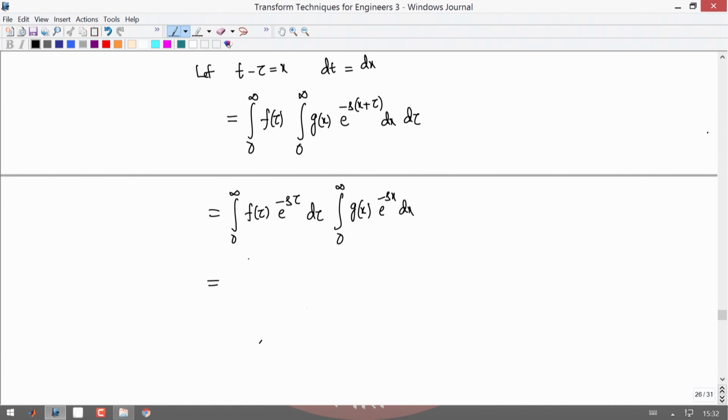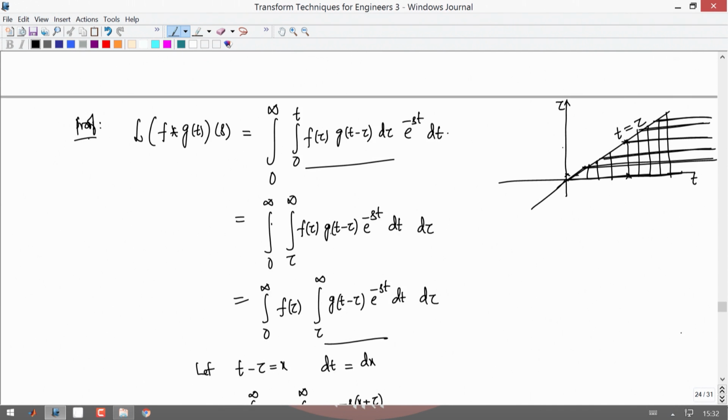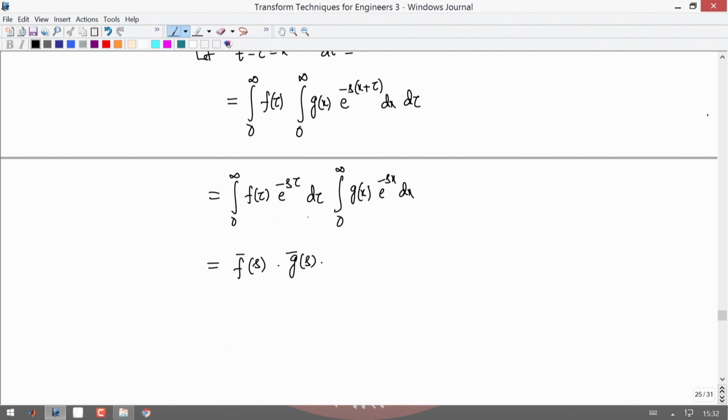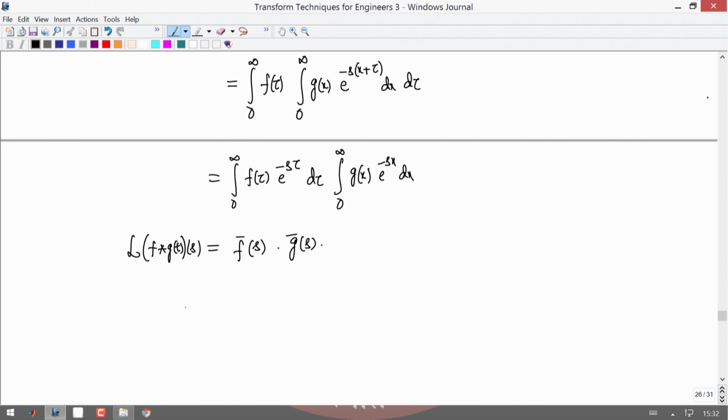So, what you see is they are nothing but the Laplace transform of f times the Laplace transform of g. So, what we have is the Laplace transform of the convolution, f convolved with g as a function of t, and the final form is a function of s. So, this is your property which you can use later on.